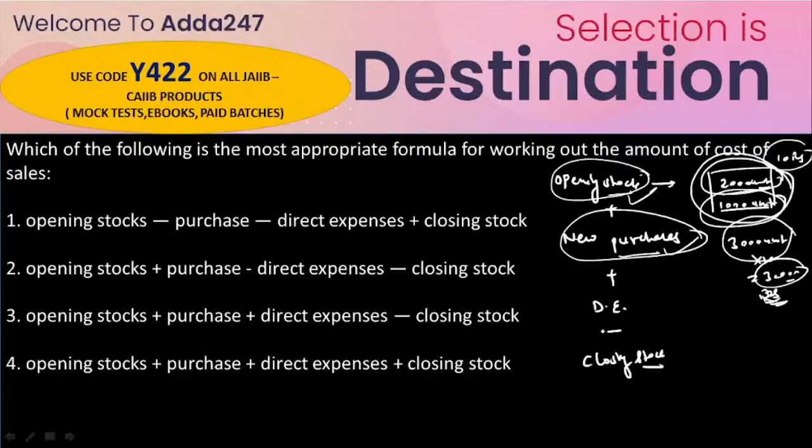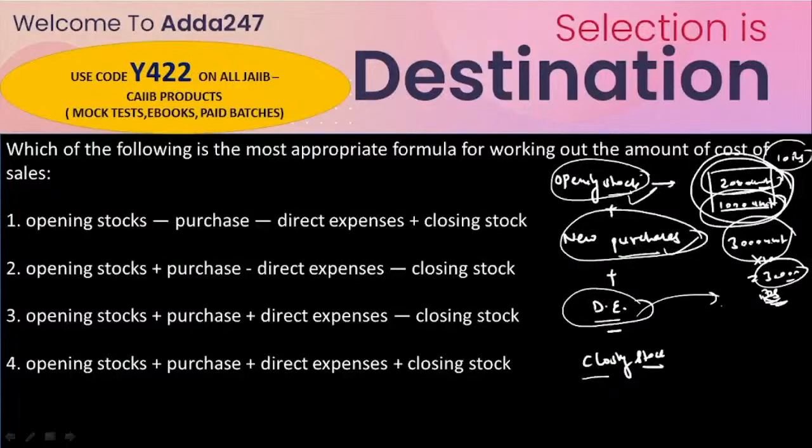Now the direct expenses, suppose the packaging for these pencils to make them available for sale, and the labor cost associated with this. So we also have to include the direct expenses here.